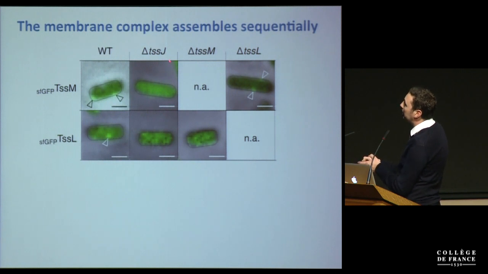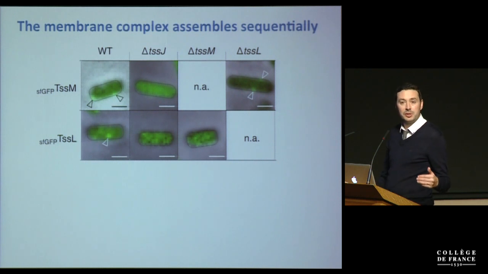So if you look into TssJ mutant cells, you will see that the fluorescence of TssM is diffuse. So it means that in absence of TssJ, TssM is unable to find the location where to assemble. Okay. By contrast, if you look into the TssL mutant strain, TssM is still able to form foci. So it means that the formation of TssM foci is dependent on TssJ, but independent of TssL.